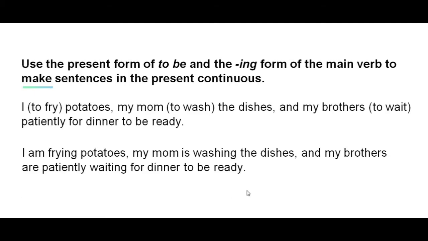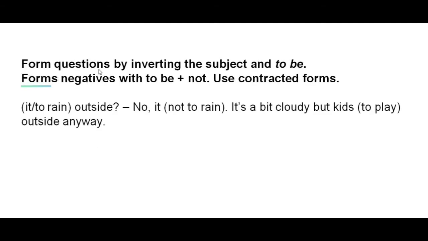Now make sure to form questions by inverting the subject and to be, and to form negatives with to be plus not. Use contracted forms. Now read the following sentence and provide the present continuous form of the words in the bracket. It to rain outside.